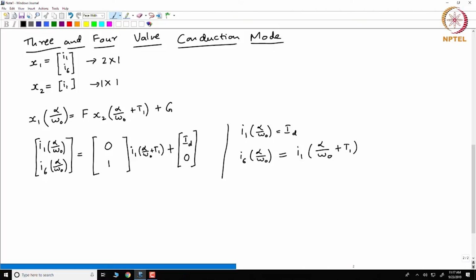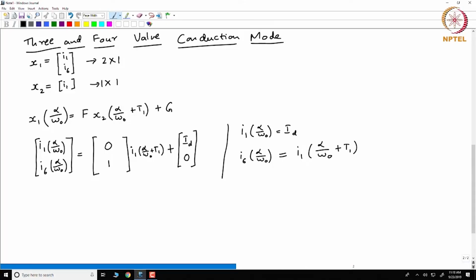This works. We don't know whether something else also works. I mean, we will be happy as long as the one which you are trying works. One can try to find out if any other choice of x1 and x2 will serve the same purpose. Say my intention is to relate x1 at alpha by omega O and x2 at alpha by omega O plus T1 through F and G, where F and G are constants.